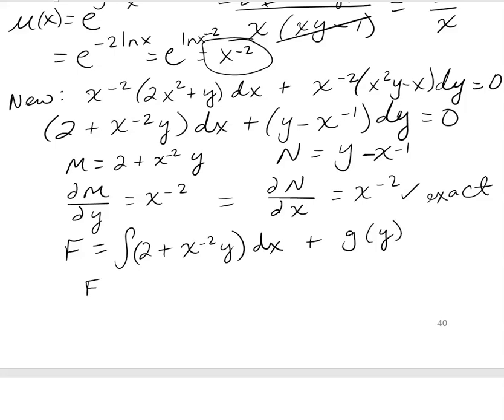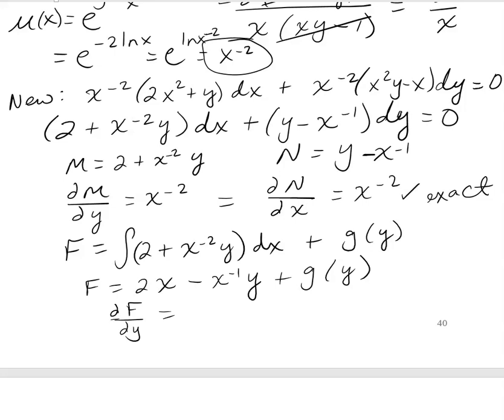So this becomes 2x, and then integrate that. Actually, let's see. y is going to be your coefficient, so it's going to be y times the integral of x to the negative second, so that's going to be negative x to the negative first y plus g of y. And then remember, you take the partial of f with respect to y so that we can determine what that g of y term is.